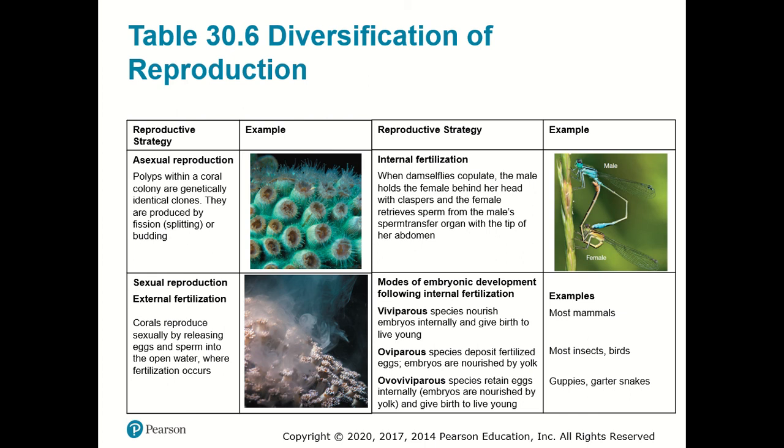Now, internal fertilization, we can see it in many animals, including mammals. So there is the need to insert the sperm of males into the egg of the female in mammals.